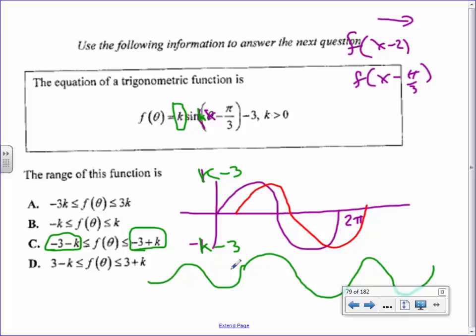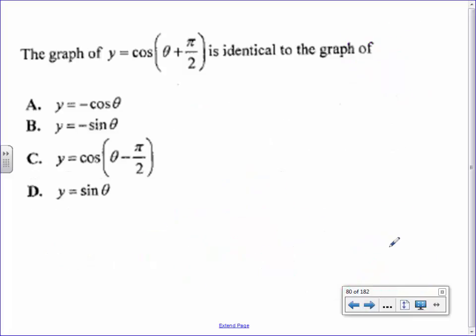Let's try another one. I'm just going to do a lot of examples today. The graph of y equals cosine of theta plus pi over 2 is identical to which of the following graphs? Here's one option. You could just type all 5 graphs in your calculator and see which one looks exactly the same. That could work. What does a normal cosine graph look like, though? Yeah, starts at 1 and goes down like this.